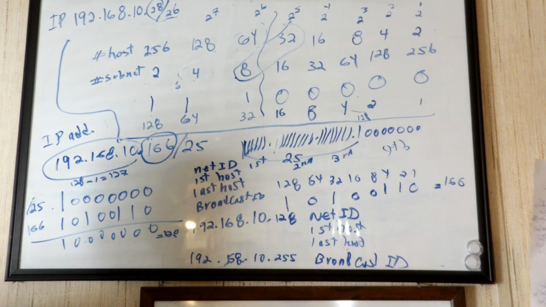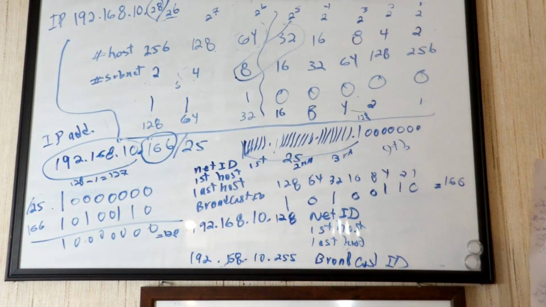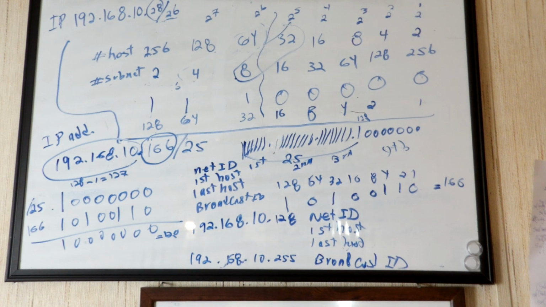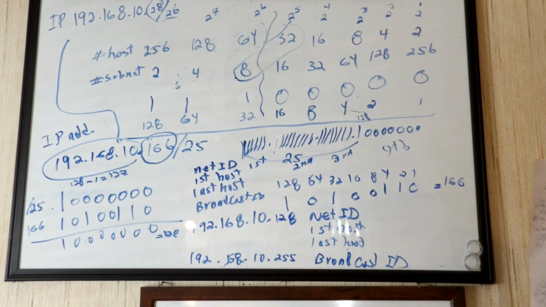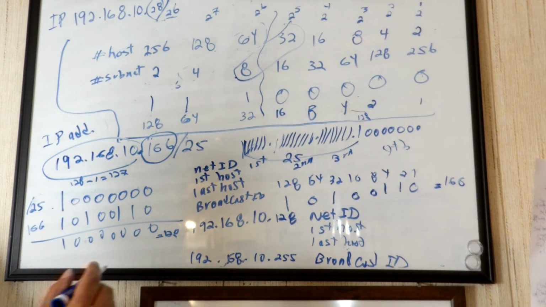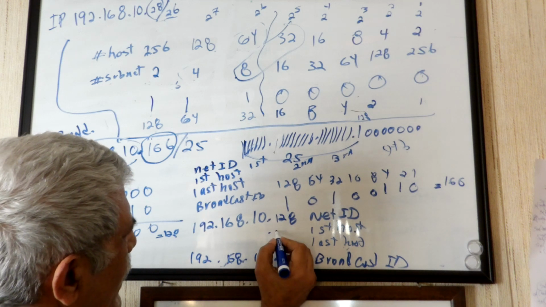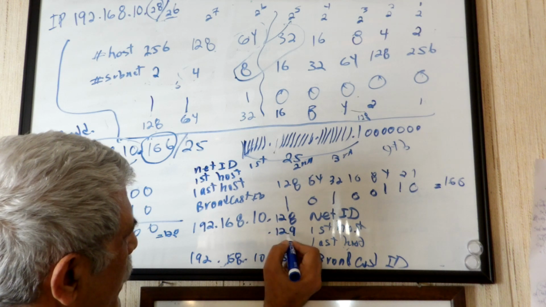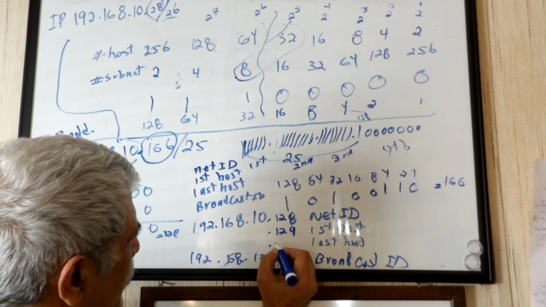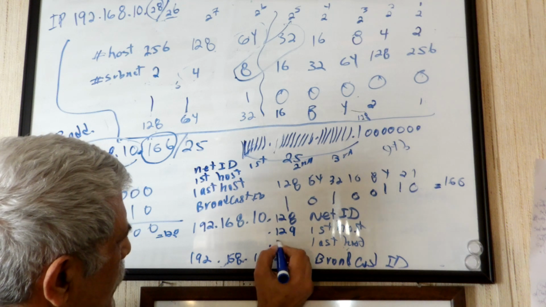Every time we say there are so many hosts, you have to see the first host. What is going to be the first host? This is for the network. If you add 1, it's going to be 129, the first host, and then 1 before the broadcast is 254.